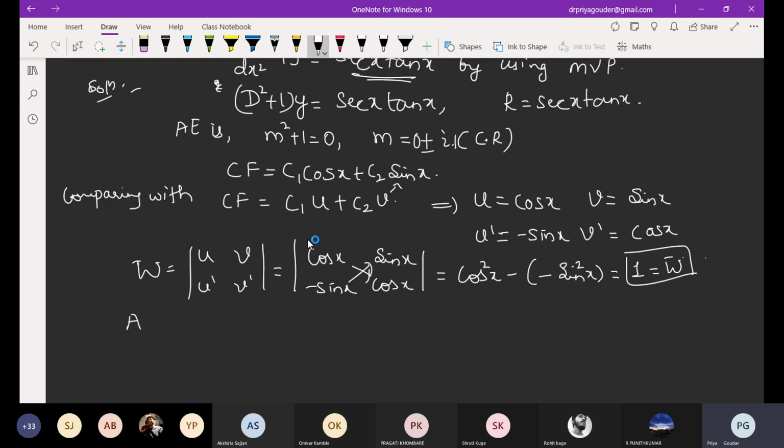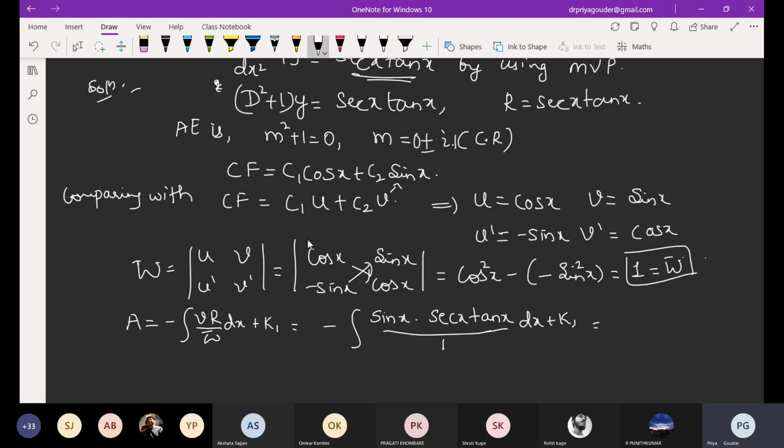Okay, write down A equals minus integral of VR by W dx plus K1. What is V? What is R? What is W? Hopefully you have substituted correctly.